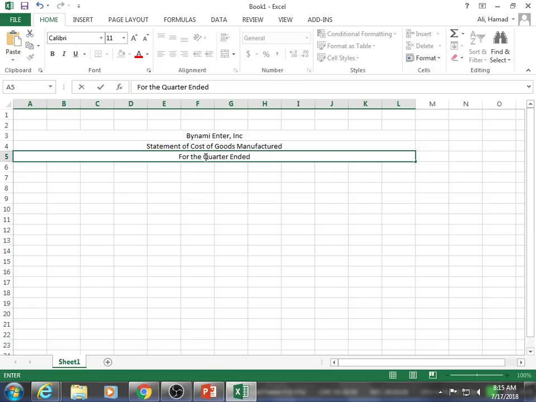It says they got the materials inventory, work in process inventory, and finished goods inventory for April 1st, and the June 30th inventories were as follows. So I guess it's from April 1st to June 30th.